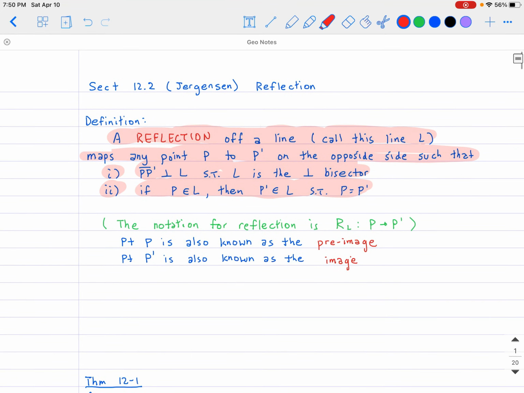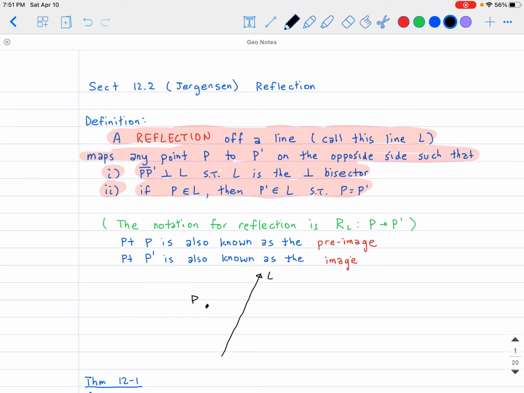So that definitely sounds like a lot of words, and a little hard to understand. So let's go ahead and draw a picture so you can see and understand what we're talking about. Let's say that here is some point P, and then there is line L over here.